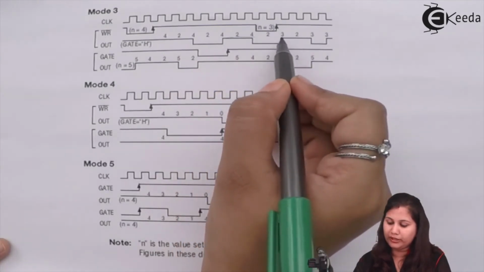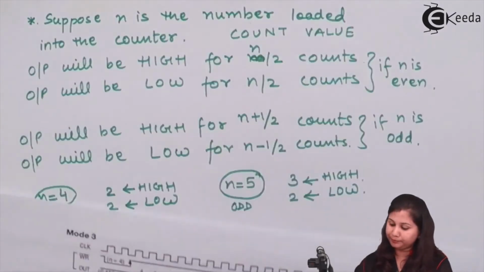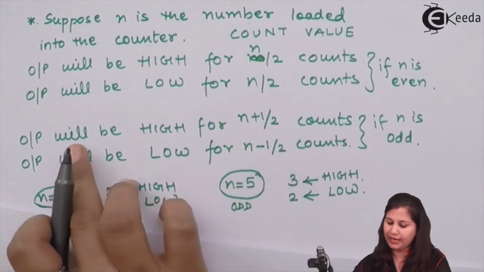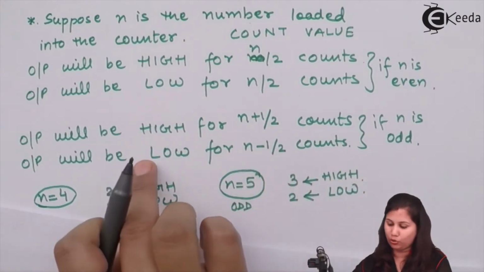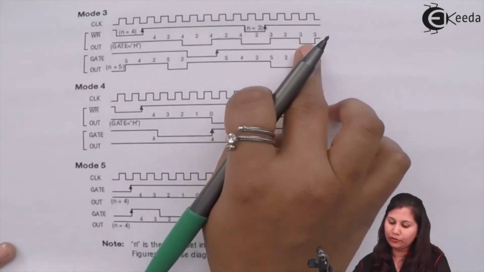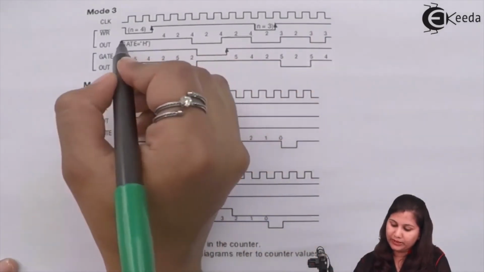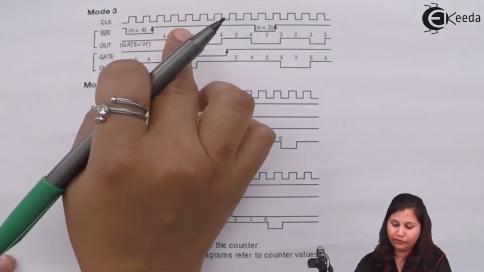For 3, which is an odd number, 3 plus 1 by 2 clock pulses it will be high, and for 3 minus 1 by 2 clock pulses it will be low. So here we have high for 2 clock pulses and low for 1 clock pulse. In this way the counter works in mode 3.